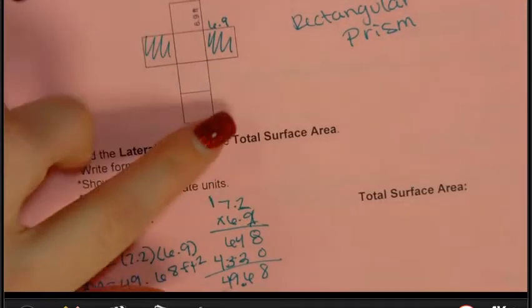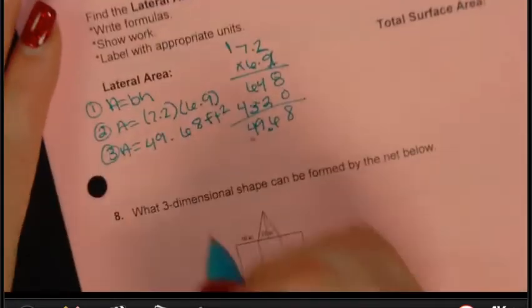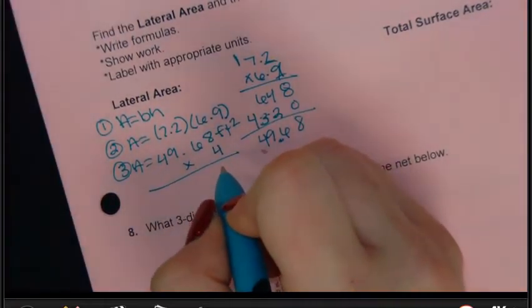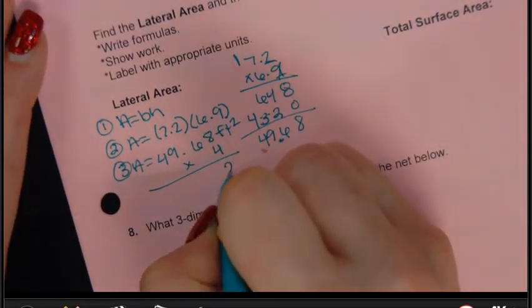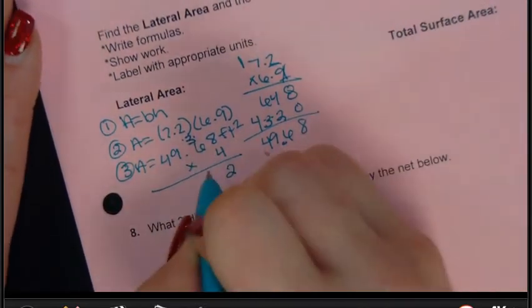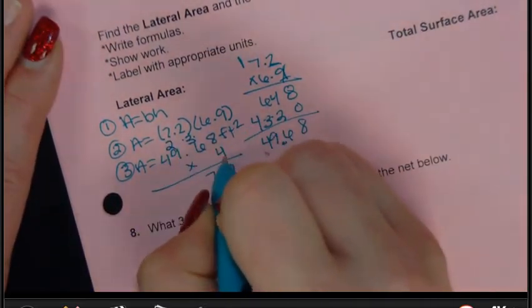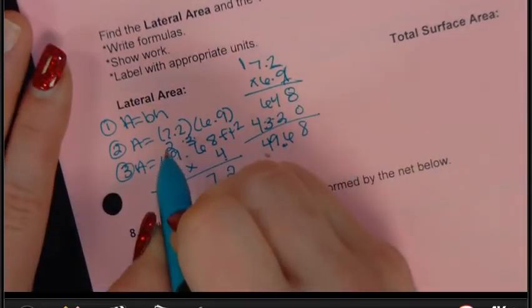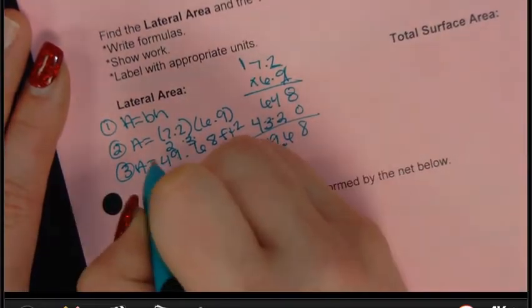Well, how many sides do I have? How many laterals? I have 4. So times 4. 8 times 4 is 32. 6 times 4 is 24, 25, 26, 27. 9 times 4 is 36, 37, 38.